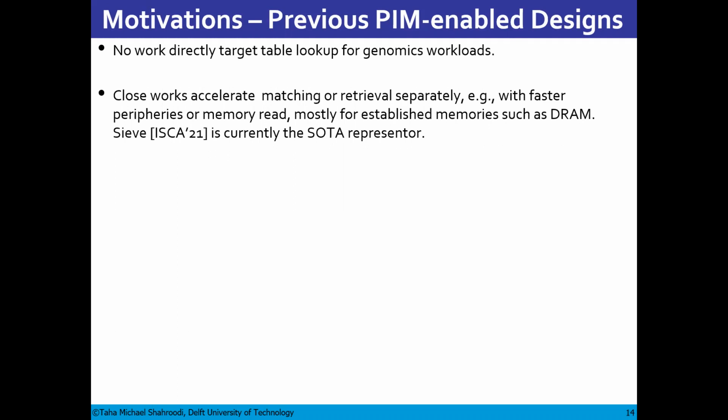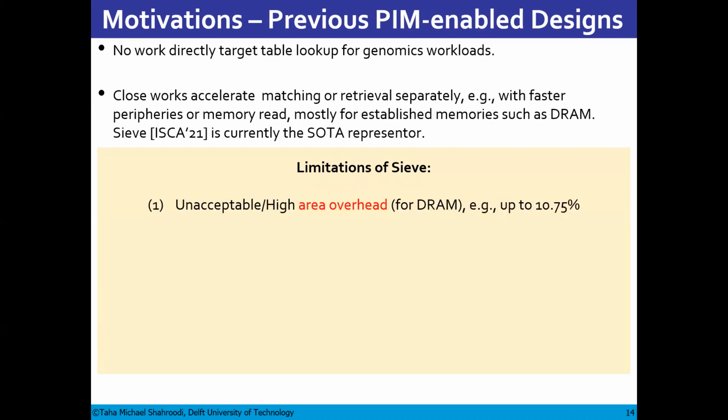Steve is an in-DRAM accelerator for k-mer or seed matching. However, we have identified four limitations for Steve if applied directly to taxonomic profiling. First, Steve comes with a huge area overhead of more than 10%. This overhead most likely prevents Steve's production and is directly in contrast with the low-cost objective of our problem.